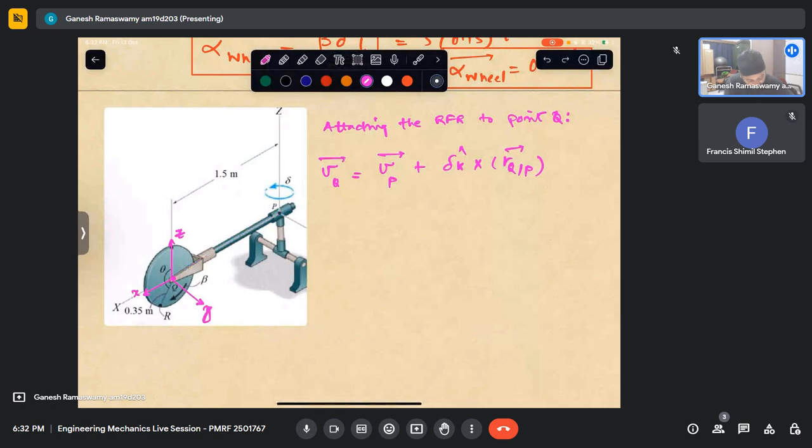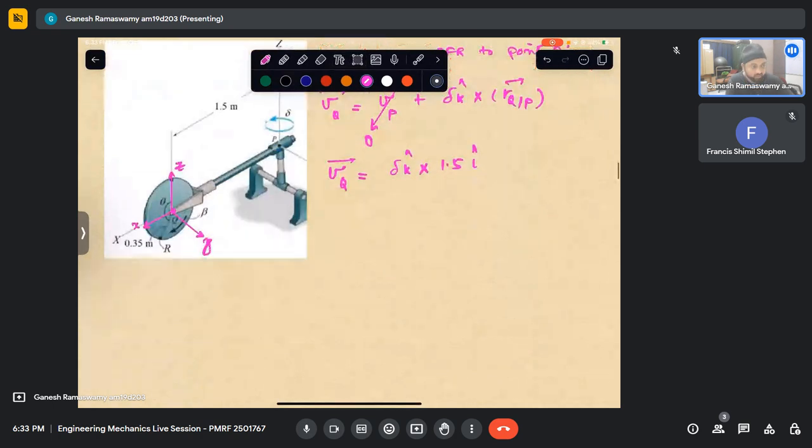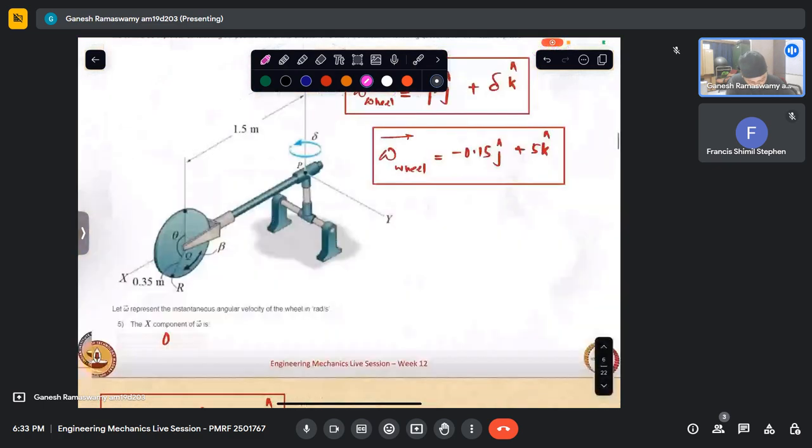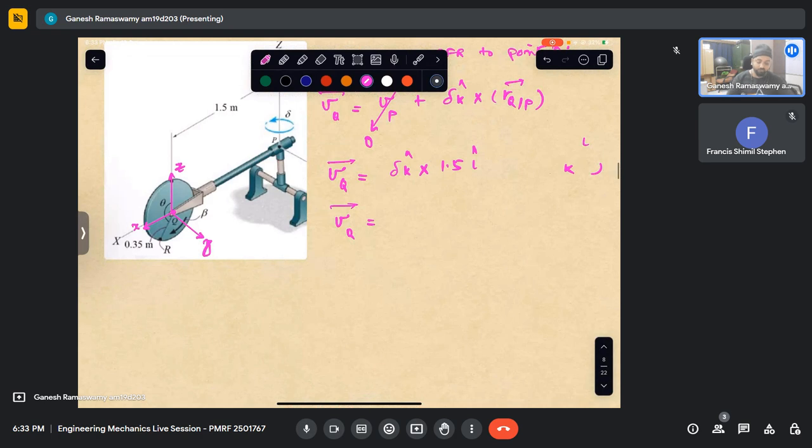I know that this is not going anywhere. Velocity of P is 0. So velocity of Q comes out to be delta K cap cross, what is Q with respect to P? It is 1.5 I. So K cross I. K cross I is J. So velocity of Q is nothing but, what was delta's value? Delta was 5. So this is 5 into 1.5, which is 7.5 J. So we have velocity of the coordinate.